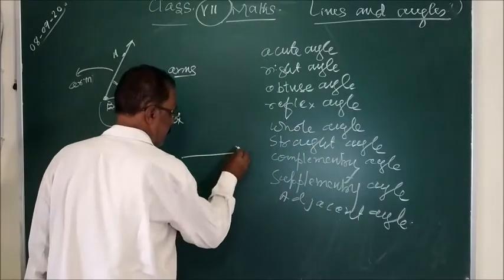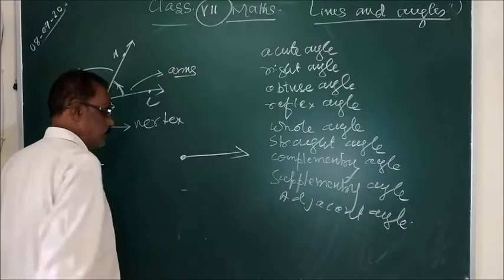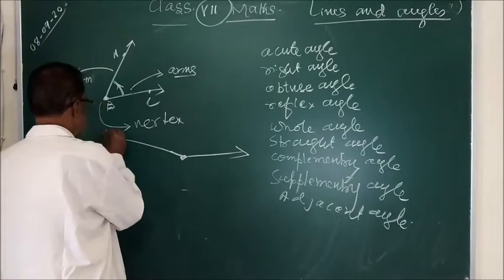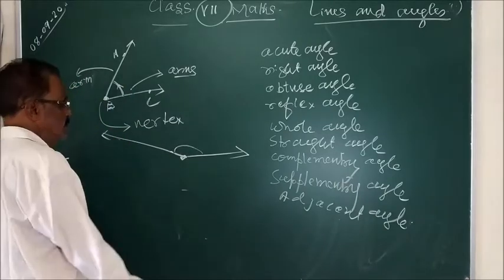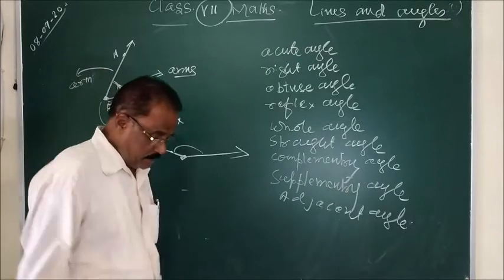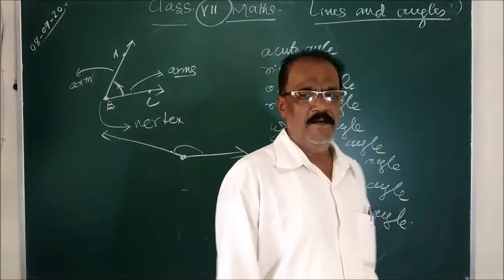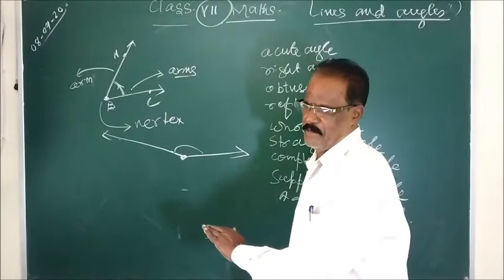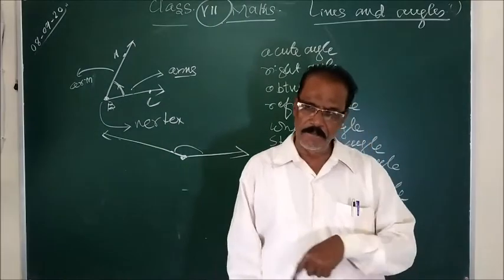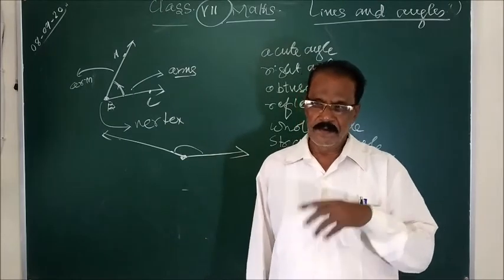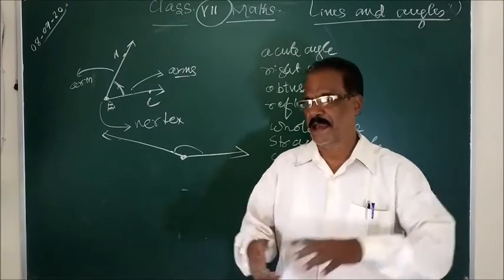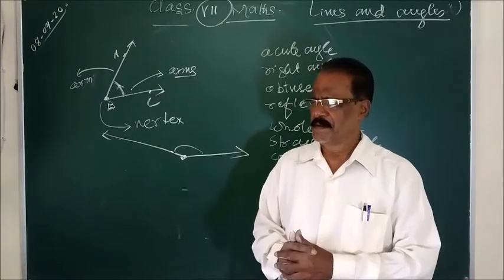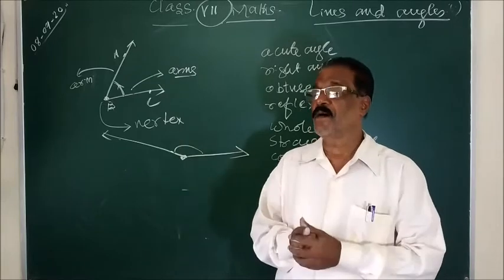Suppose this is the ray and this is the fixed point, and another ray also meets at that point, and an angle is formed. So the concept of angle should be clear: when two rays meet at a point, or when a ray rotates around a point, that rotation forms an angle. So this is the definition, this is the explanation of angle.